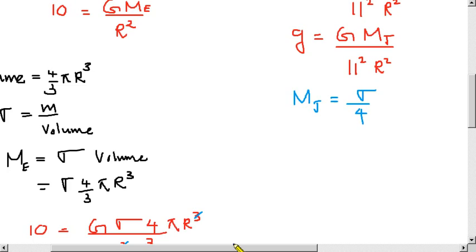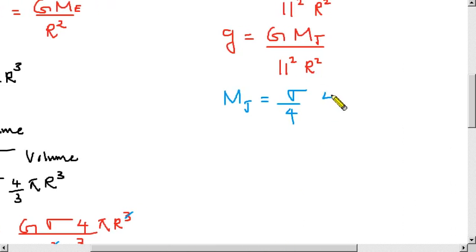Volume is 4 divided by 3 pi r, where r means 11r, cubed, then 11 cubed r cubed, like this. That is the mass. So divide by 11 squared and r squared. So that is the equation.